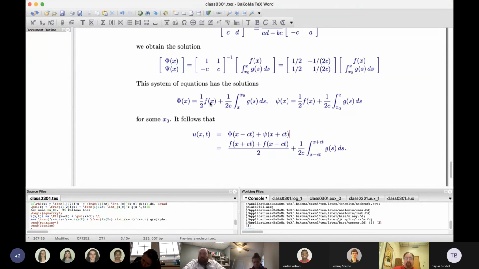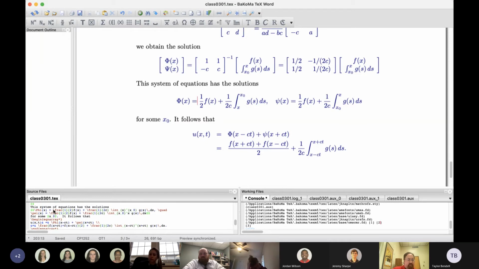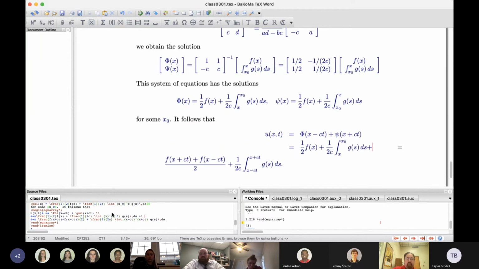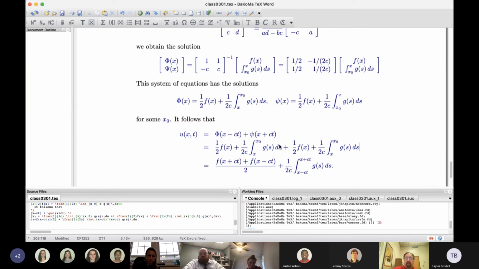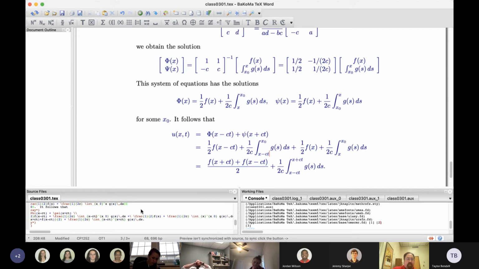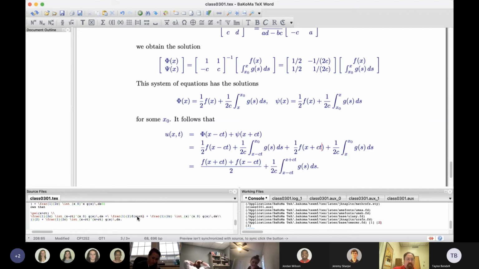Okay. So when I fill in all of this, so for phi, and then also for psi, but here I had to fill in x minus ct for these first two terms, and then x plus ct for the last two terms.